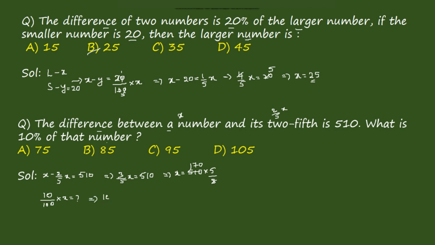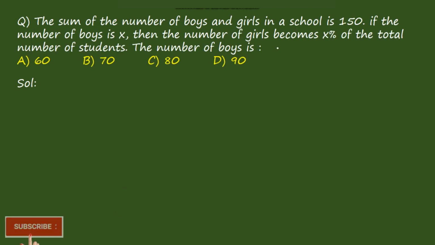Then you get 10 by 100 into 170 into 5. 0, 0, all zeros get cancelled. 17 into 5 is nothing but 85. So 10% of a number is nothing but option B. Come to the next question.